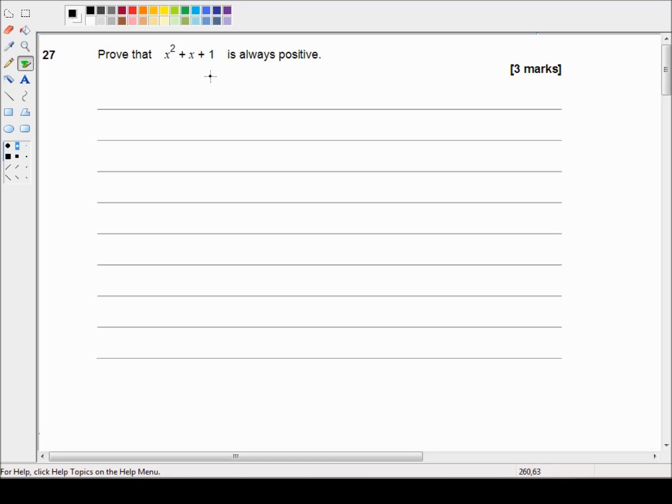Okay, so how I would go about proving it is to say that because the coefficient of the x squared term is positive, then the whole curve opens out at the top. So in other words, it would look something like this.